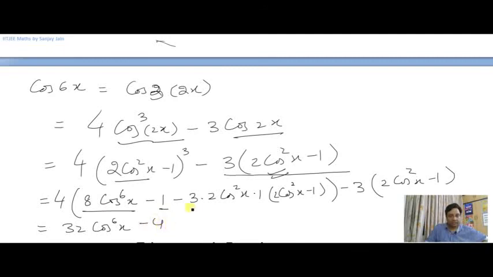This will become minus 4, and this is 3 into 2 6 into 4 24, so minus 24.